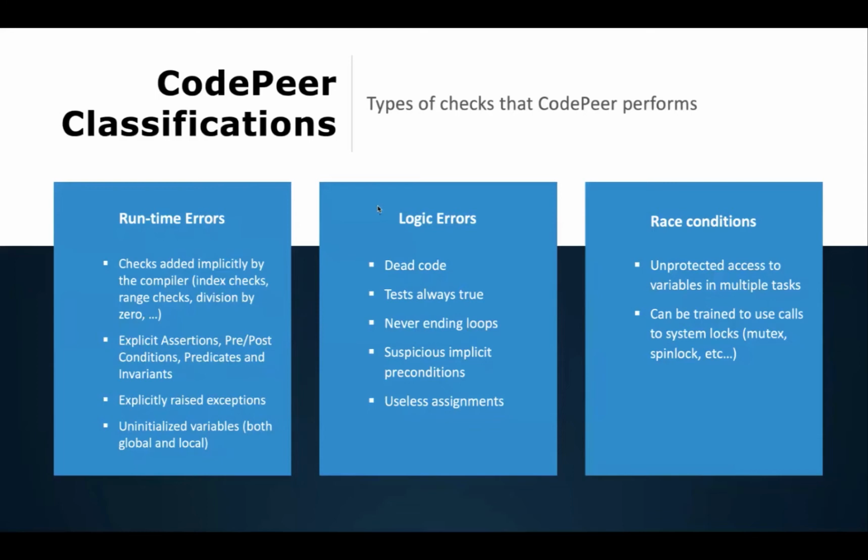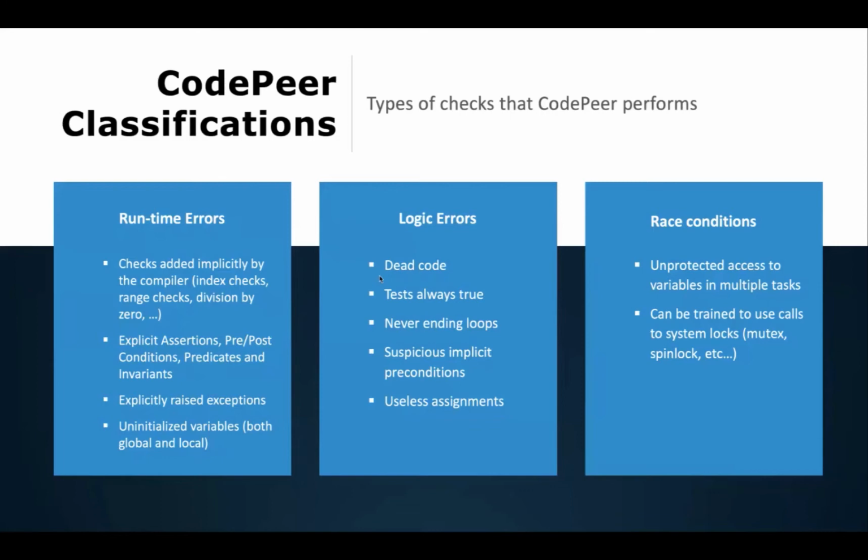If it is, what's the probability that it is possible? Or what's the severity of this happening? And we'll get into more about how the probabilities play into the CodePeer results in a few slides. So CodePeer is very good at finding potential runtime errors because the Ada compiler inserts a bunch of checks that the CodePeer tool can use in its analysis.